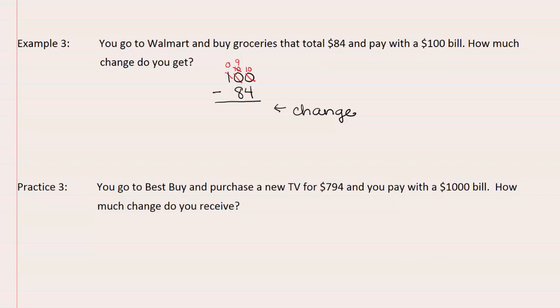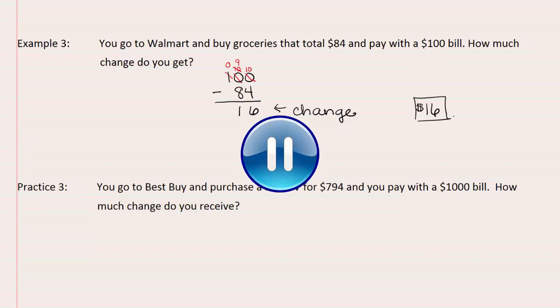So now I have 10 minus 4 is 6, and 9 minus 8 is 1, and that's just a 0. So the change I will get back is $16 in change. Please pause the video and try practice 3 on your own.